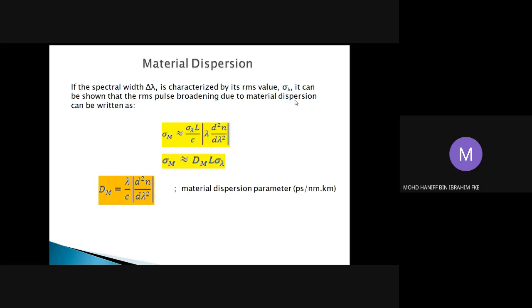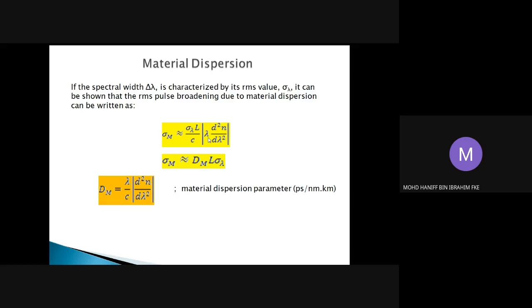It can be shown that the RMS pulse spreading due to material dispersion, sigma m, equals sigma lambda, the RMS value of your spectral width, multiplied by the length of the optical fiber divided by c, the speed of light, times the material dispersion parameter, lambda over c.